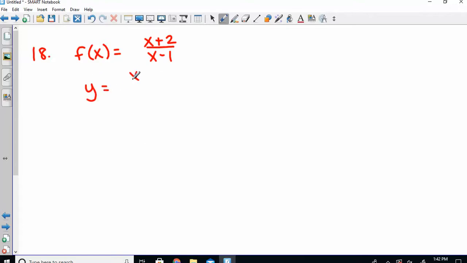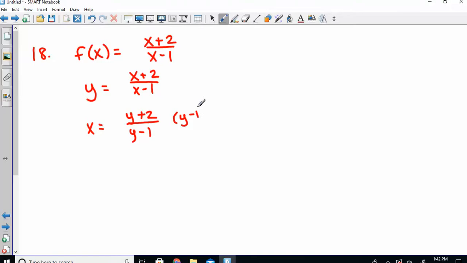So first step, we change f of x to a y. Then we have to switch x and y. So it becomes x equals y plus 2 over y minus 1.